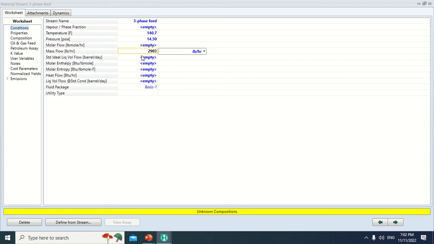Yes, and now I should enter percentage composition.